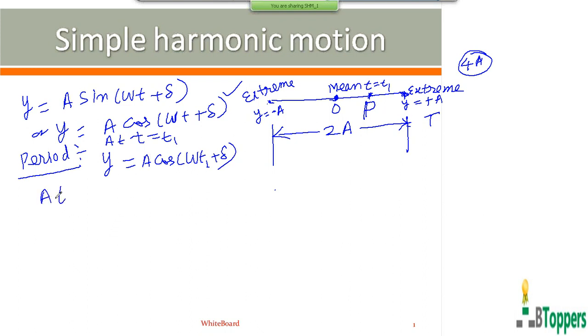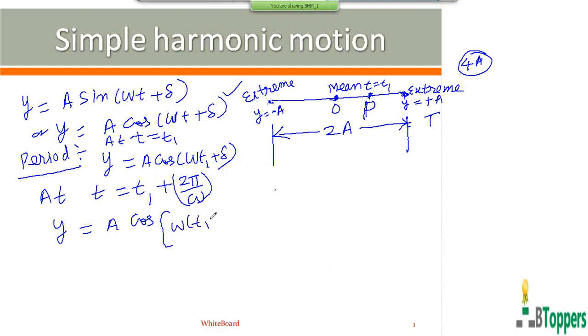If you calculate the value of the displacement at the instant t equal to t1 plus 2 pi by omega, then you substitute t equal to t1 plus 2 pi by omega in this equation: y equal to a cos(omega into (t1 plus 2 pi by omega) plus delta). That means I have substituted t equal to t1 plus 2 pi by omega in this equation.